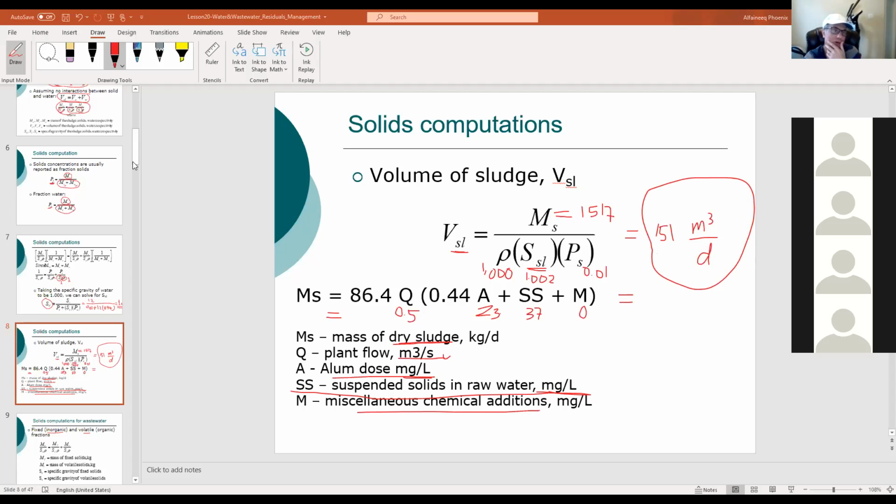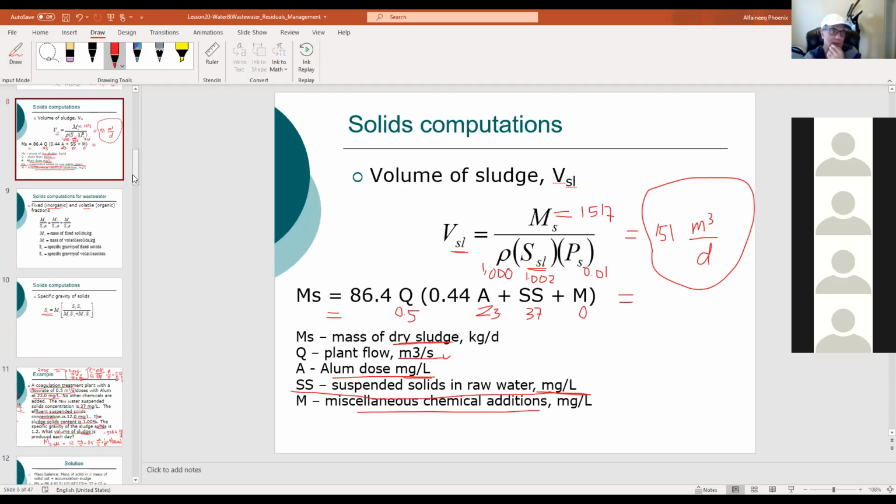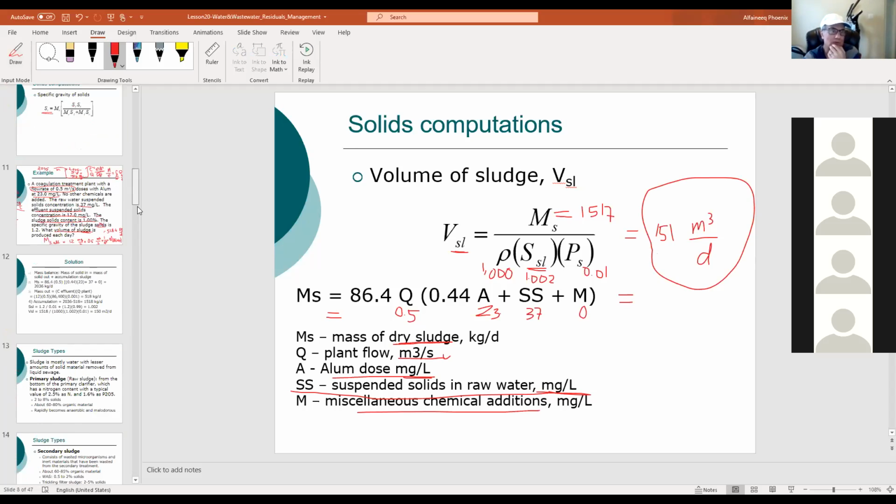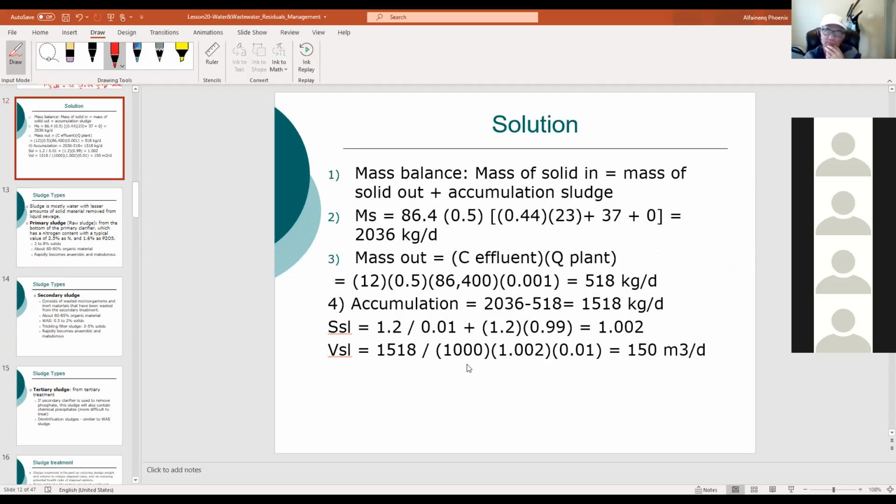Again, it is just about what formula to use. Be careful with units, another thing to look at. Yeah, that's correct. 150. Any questions?